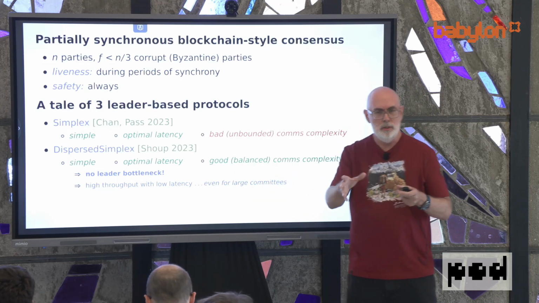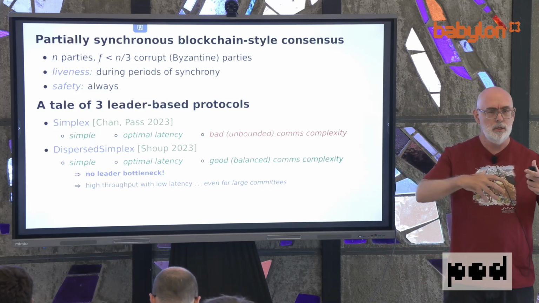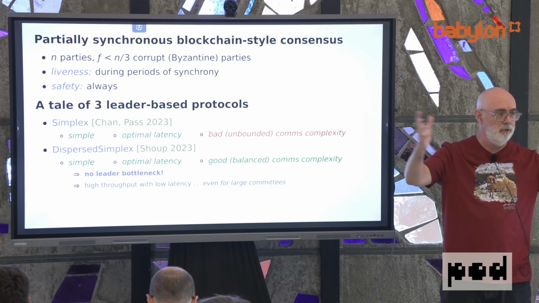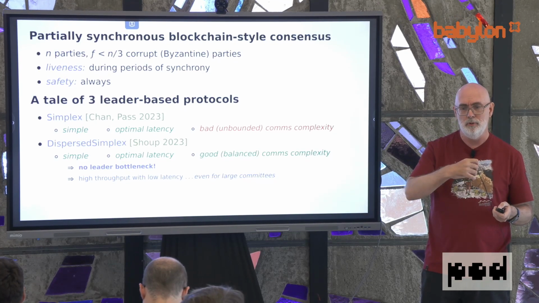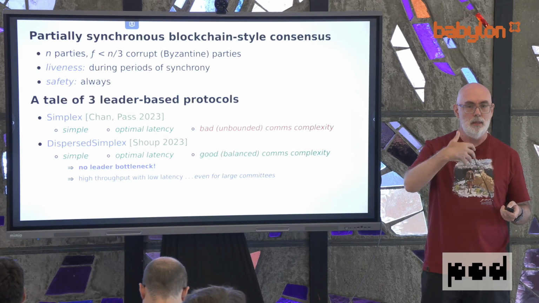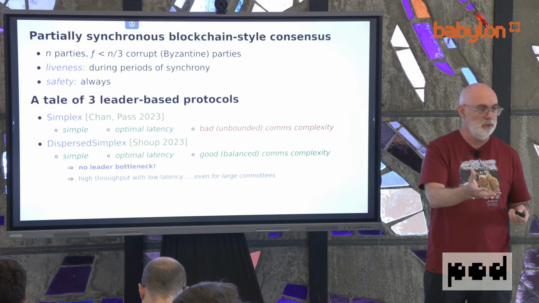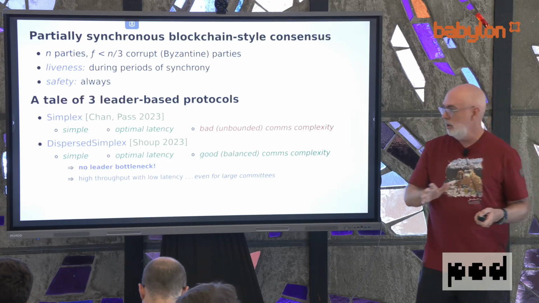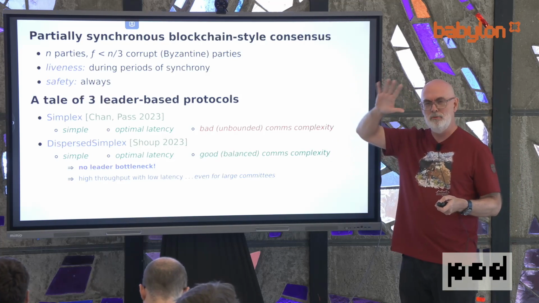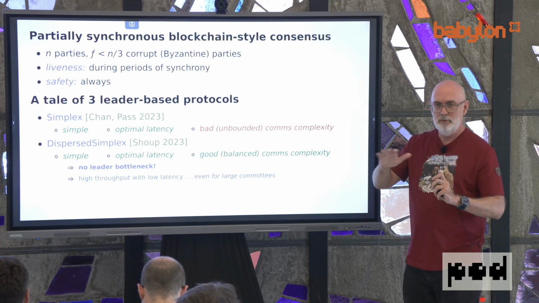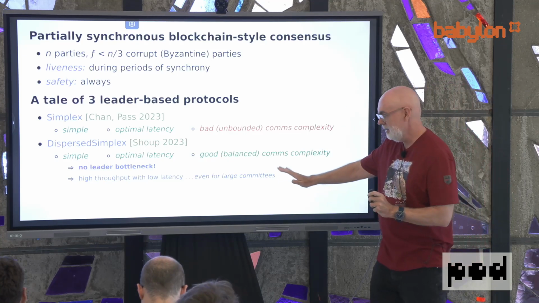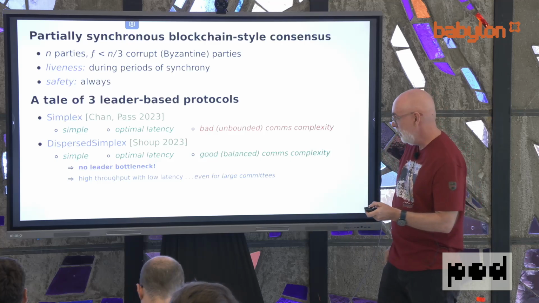And this ignores things like all-to-all communication. If the blocks are big enough, then the all-to-all broadcasting of certificates and signature shares doesn't really matter at all, right? So this whole line of work about linear complexity is kind of not really relevant to practice, at least for large enough blocks.